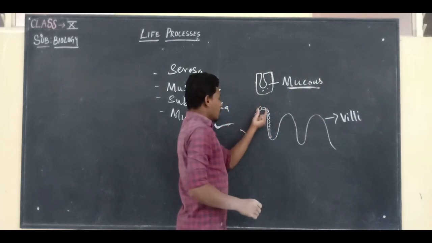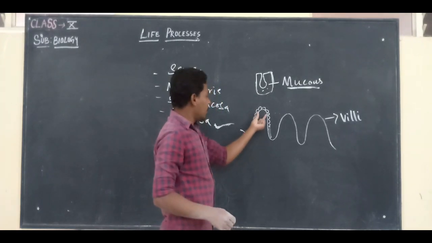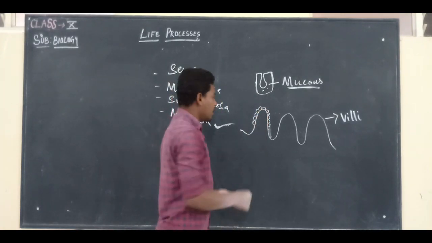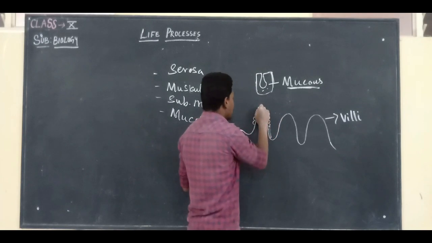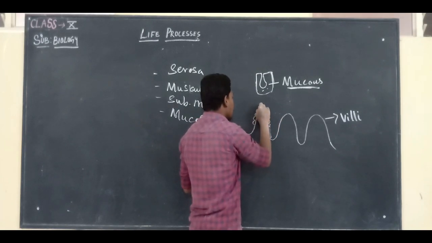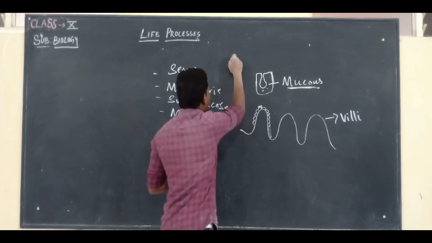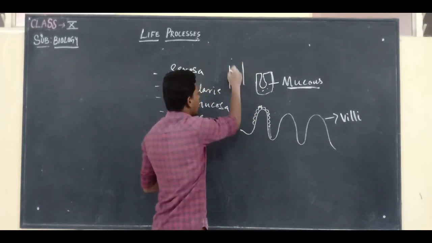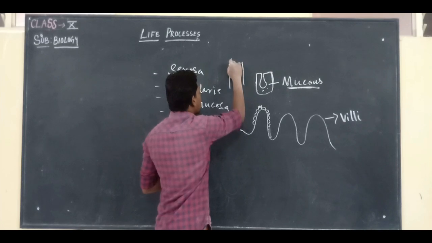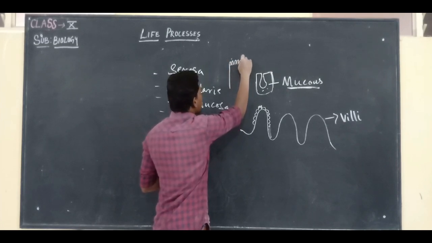Now, these villi have what? Columnar epithelium, and on top of this columnar epithelium, again, they would have microvilli. See, this is columnar epithelium, and on top of this, they would have what? Microvilli.